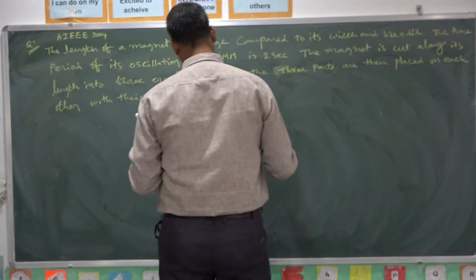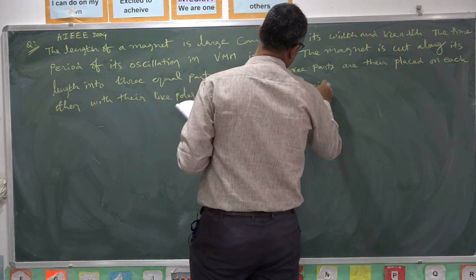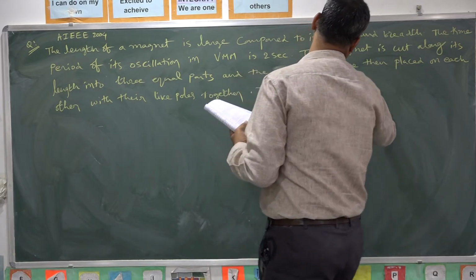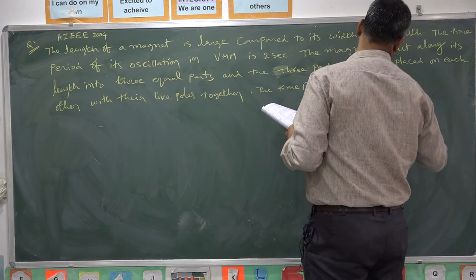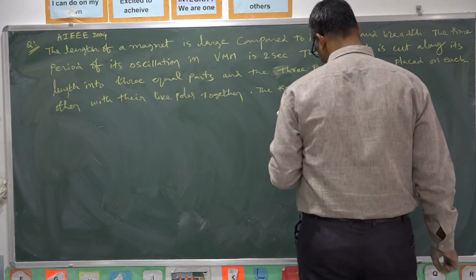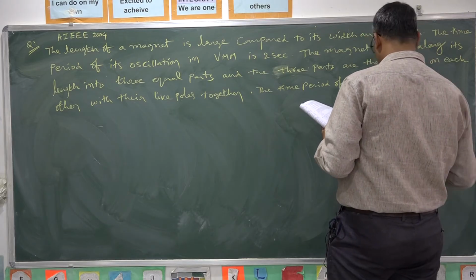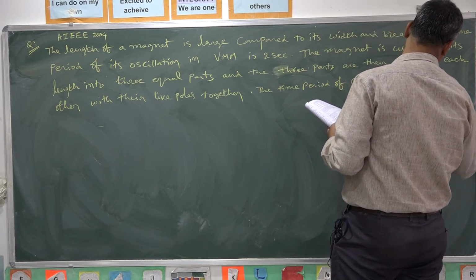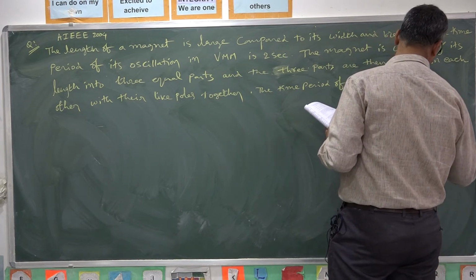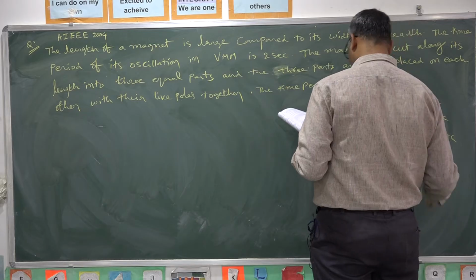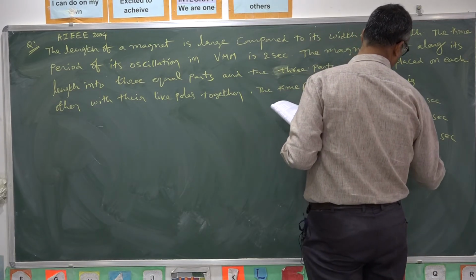The time period of the combination is? The options are: 2 seconds, 2 by 3 seconds, 2 root 3 seconds, 2 by root 3 seconds.